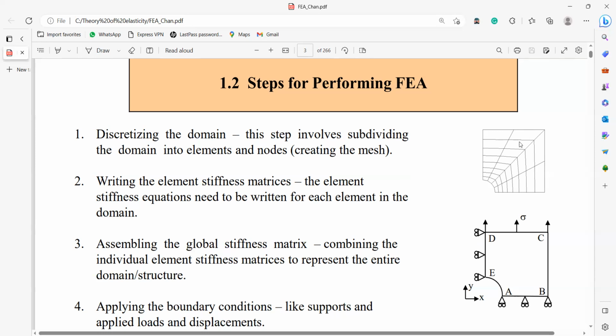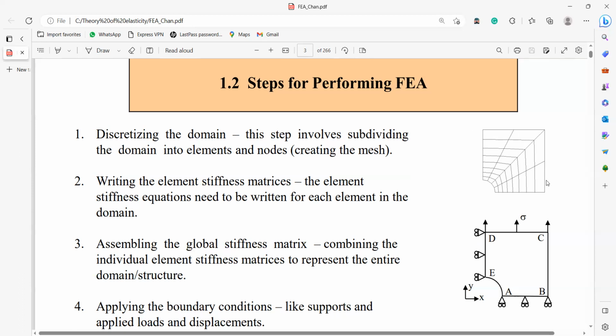Let's take this element. You'll have to write the stiffness equations for this element and similarly for all the elements. Now that you have element stiffness matrices for each of these, how many totally? Yeah, for all these elements, you have individual element stiffness matrices.